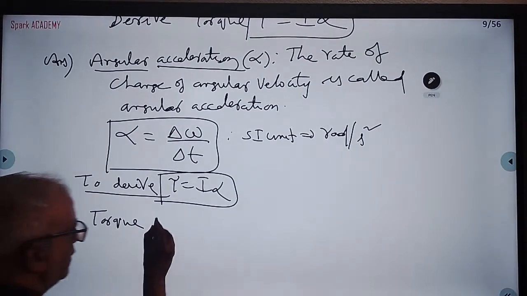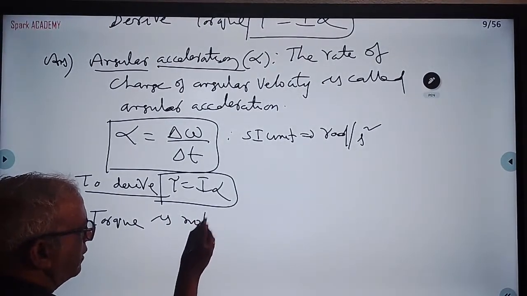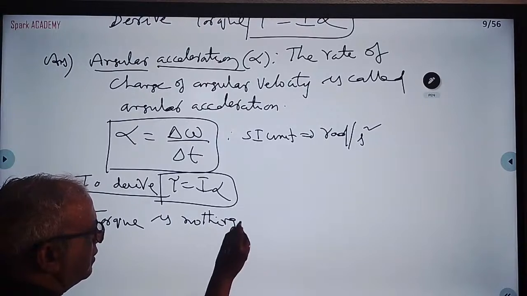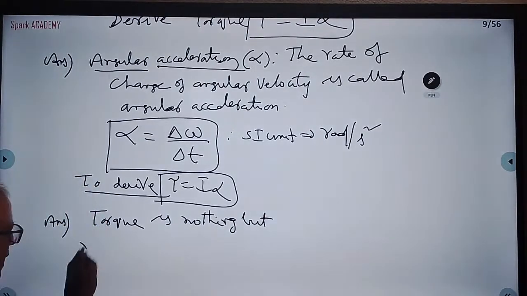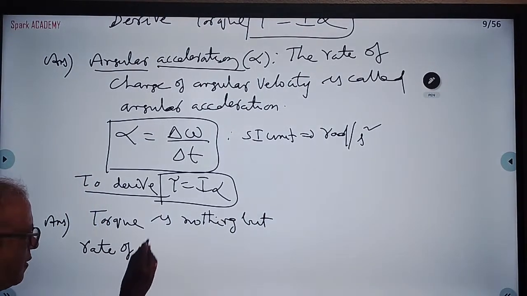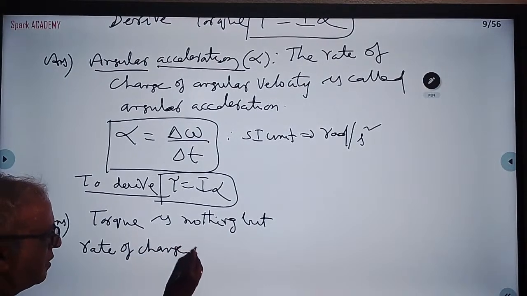Torque is also defined as the rate of change of angular momentum. This is the easiest derivation.